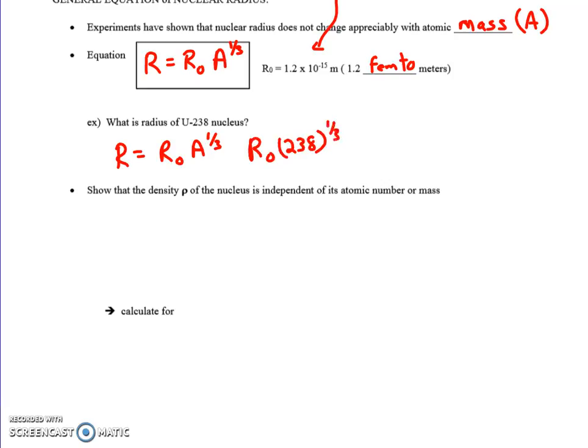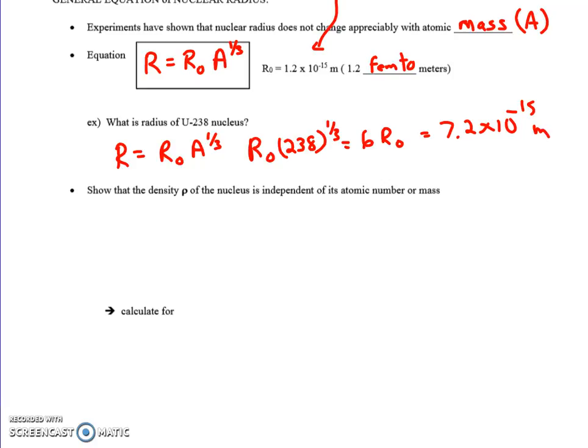If you take the cube root of that, it turns out to be essentially 6 times the baseline radius. You can do the math from there, but it's about 7.2 times 10 to the negative 15th meters. So it's a pretty straightforward calculation.